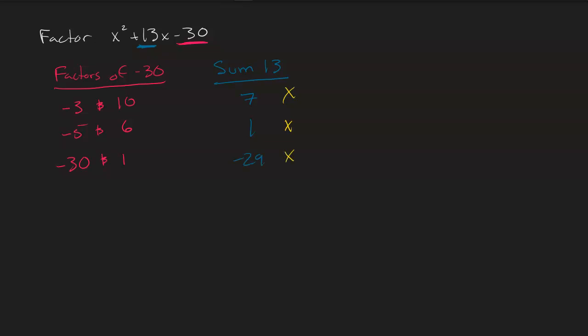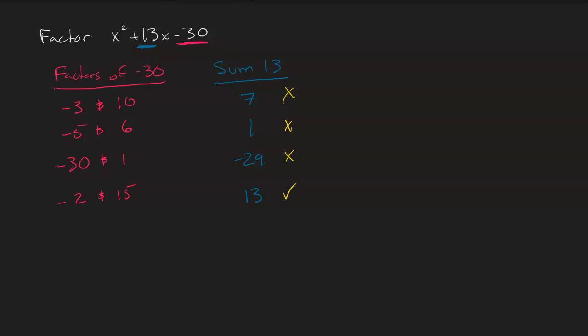So just bear with me through this process because I want to show you that sometimes it takes a little bit of guessing and checking and just experimenting in a sense. The last option that I'm going to play around with, because I know this one is correct, is negative 2 times positive 15. That gives me negative 30, and when I add them together, I get positive 13. That in fact works.